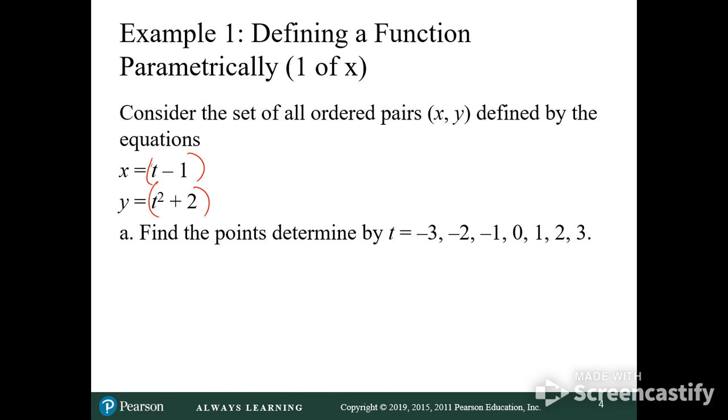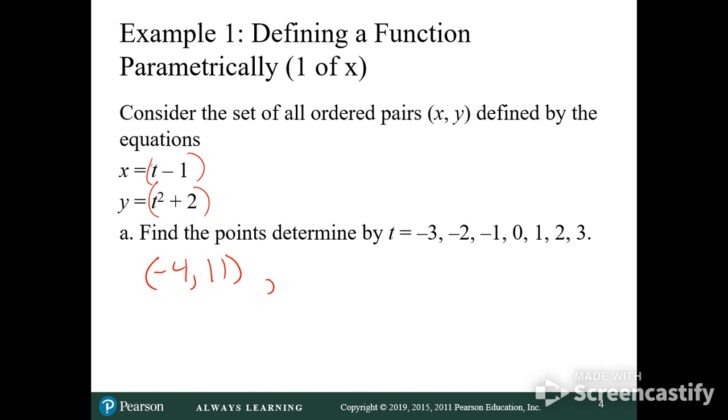If you're told to find t equals negative 3, negative 2, and so on, for negative 3, you stick negative 3 in for t, and you get negative 3 minus 1, which is negative 4, and negative 3 squared, which is 9, plus 2, which is 11. So our first ordered pair would be negative 4, 11. At time equals negative 3, our first ordered pair is negative 4, 11.